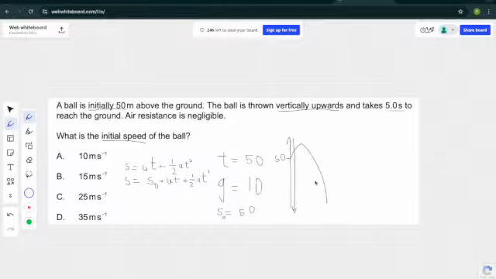Now let's take the height at the end point. At the end point, we know the ball falls to the ground. So this s here is 0. That must mean that s0 we know is 50. T is 5, so plus 5u. Plus half times 10 times 25, because that's 5 squared.